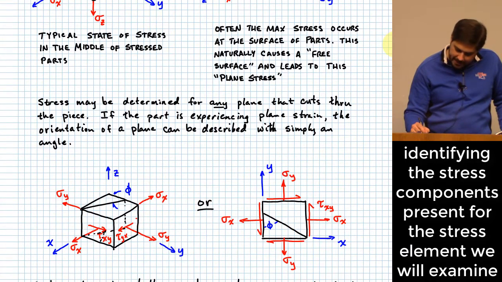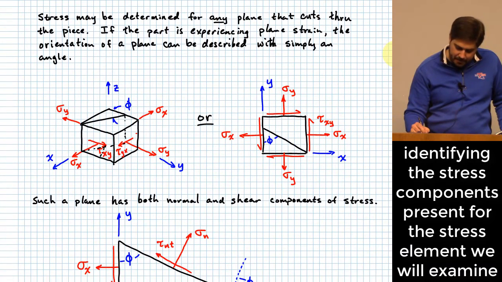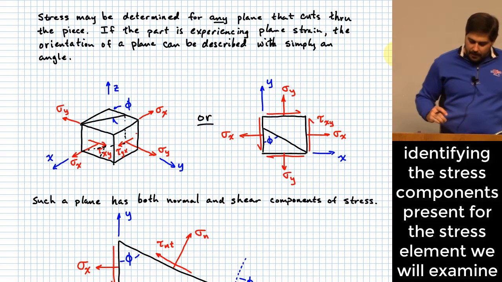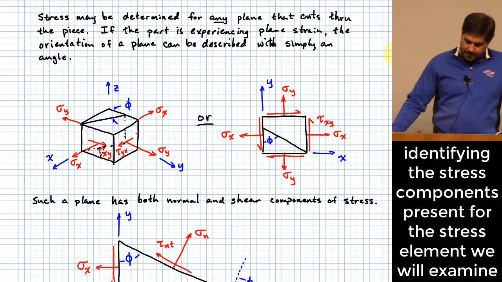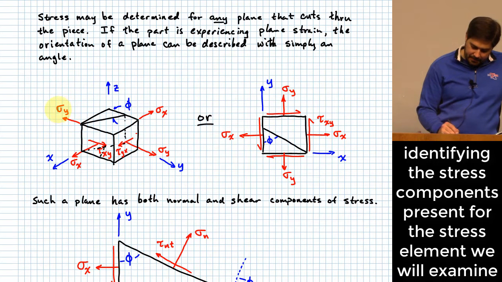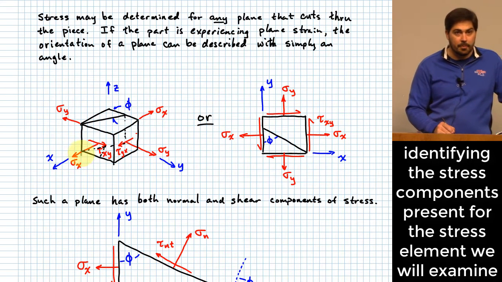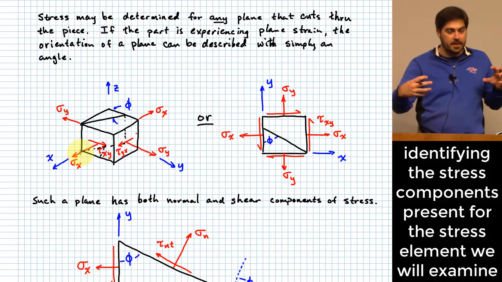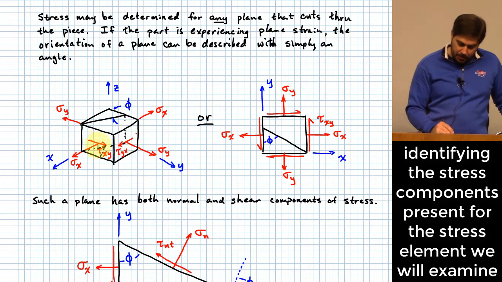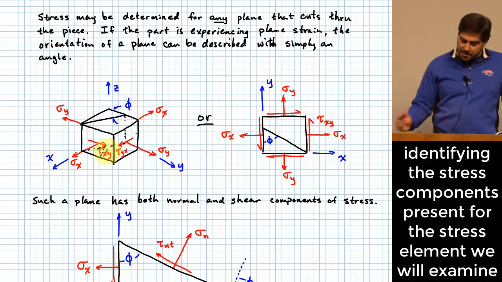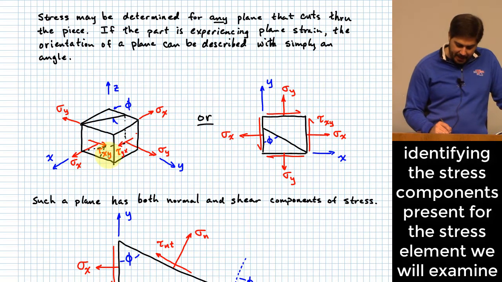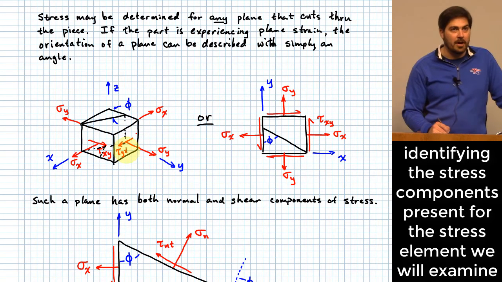So let's look at the cube that I defined up there, such that it is carrying this plane stress. Okay, so you see there it has sigma y going in the y direction, sigma x going in the x direction. Those would both be normal components of stress, as well as this component of shearing stress, tau xy. Okay, and for some of these, I've actually labeled them as tau xy, and then another one is tau yx.